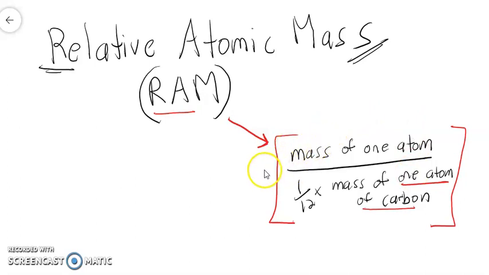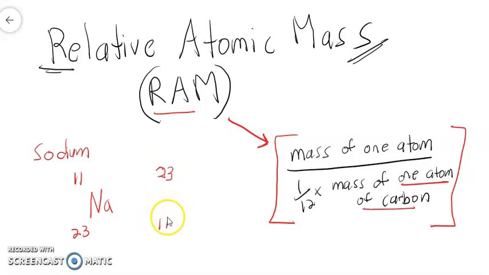So in short, if you look at the periodic table, let us look at sodium. Okay, sodium, if you look at this periodic table, you have 11, 23, and Na. Or in some periodic tables, it is also written as 23, 11, and Na.